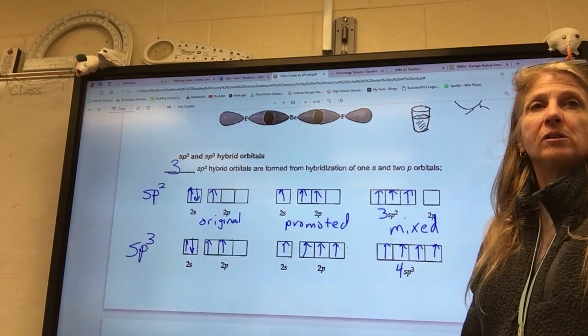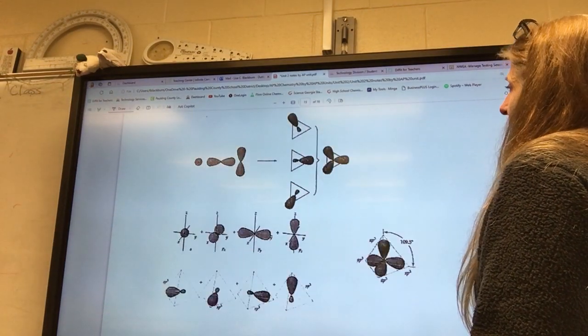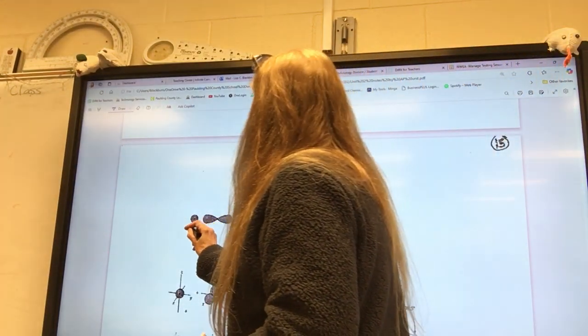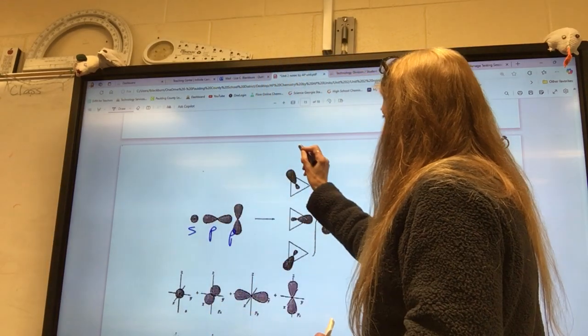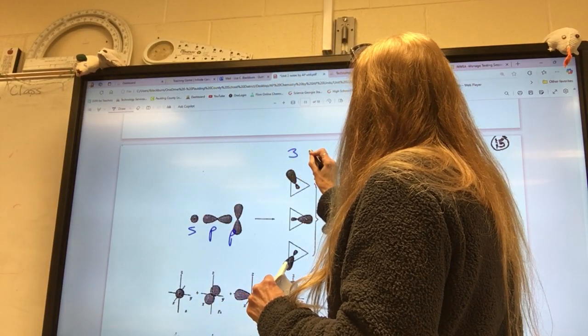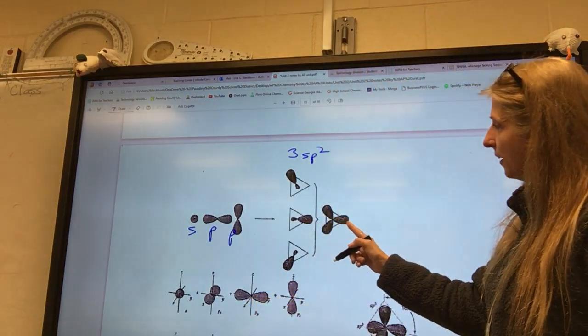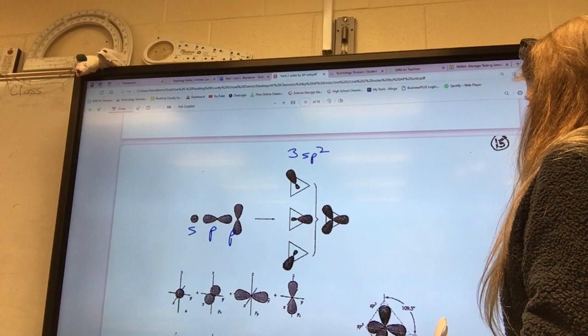Can I scroll? Good, yes, okay. All right, so here are some pictures of it. This is an S, that's a P, that's a P. They get mixed into 3 sp2s, and there it is, what it would look like. Okay, so here's another one.